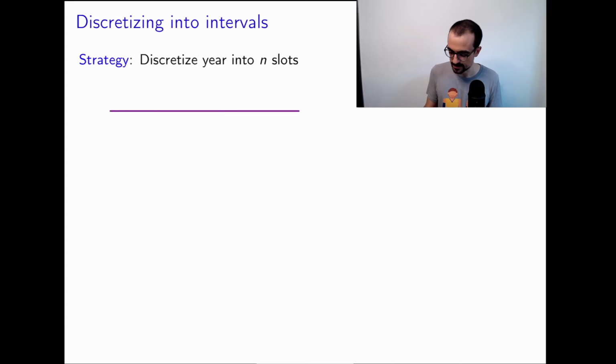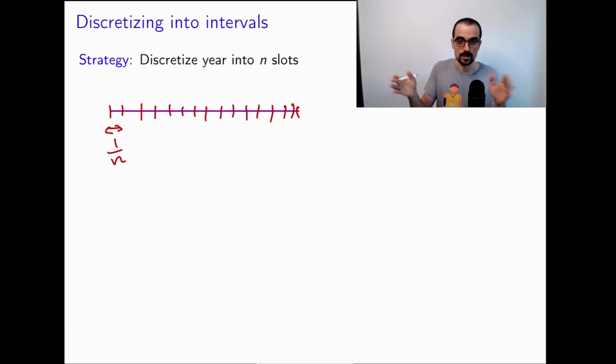This is the year, and we're going to cut it up into slots of width 1 over n. One year, we cut it up into n slots. Each slot has width 1 over n. And now we're going to ask what's the probability of having A earthquakes under the assumptions that we have derived.